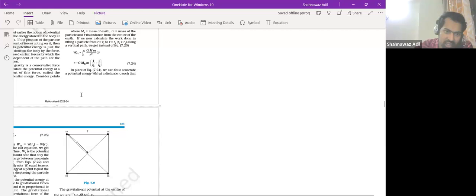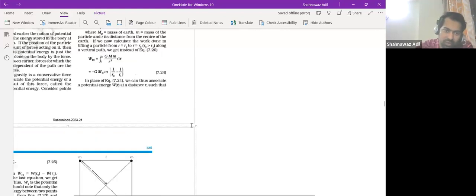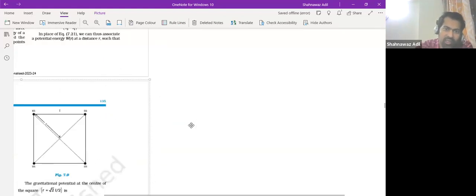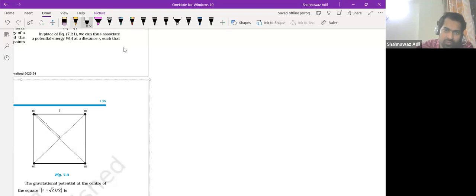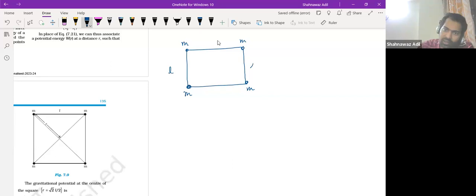We have a square of length L, and all four masses are kept at the corners of this square and all have the same mass M. Then this is the length L. So we have to find out what is the potential energy of this system.